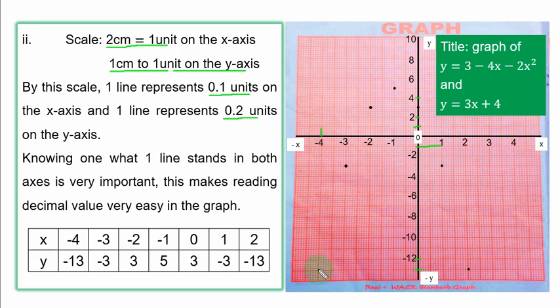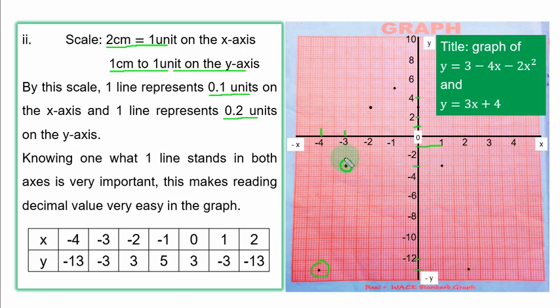The point of contact is here. You mark that point. The next point, when x is minus 3, y is minus 3. This is minus 3 for y by the scale we have now, and this minus 3 for x. This is the point of contact.